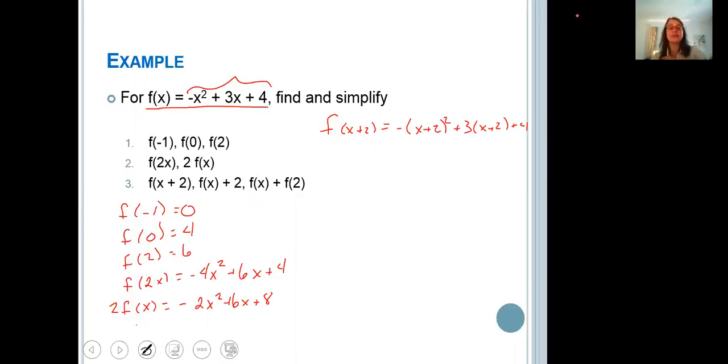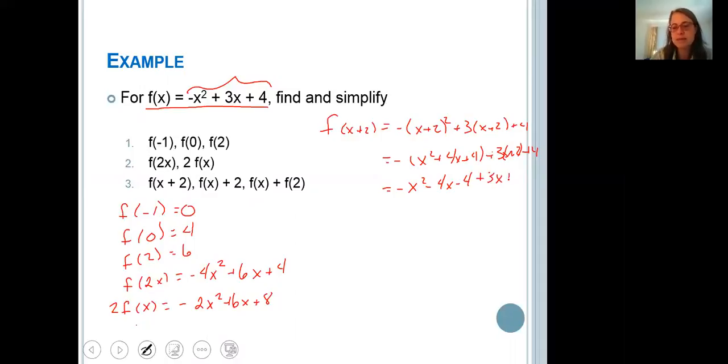Now I need to do some simplification. I need to remember how to square x plus 2. X plus 2 squared is x plus 2 times x plus 2. So we've got to FOIL that, and we'll get x squared plus 4x plus 4. And now I'm just going to bring the rest of it down. Now I'll distribute my negative sign. So I get negative x squared minus 4x minus 4 plus, let's distribute the 3.